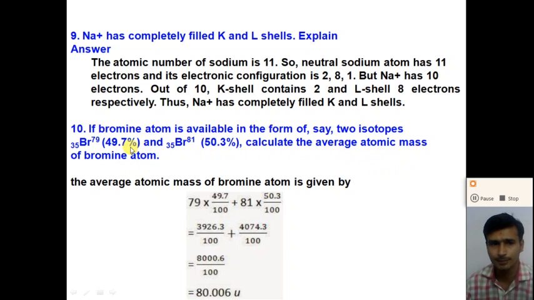So in the bromine atom, 49.7 percent is Br 79 and 50.3 percent is Br 81. How can we calculate the average atomic mass? Br 79 multiplied by 49.7 divided by 100, plus Br 81 multiplied by 50.3 divided by 100.